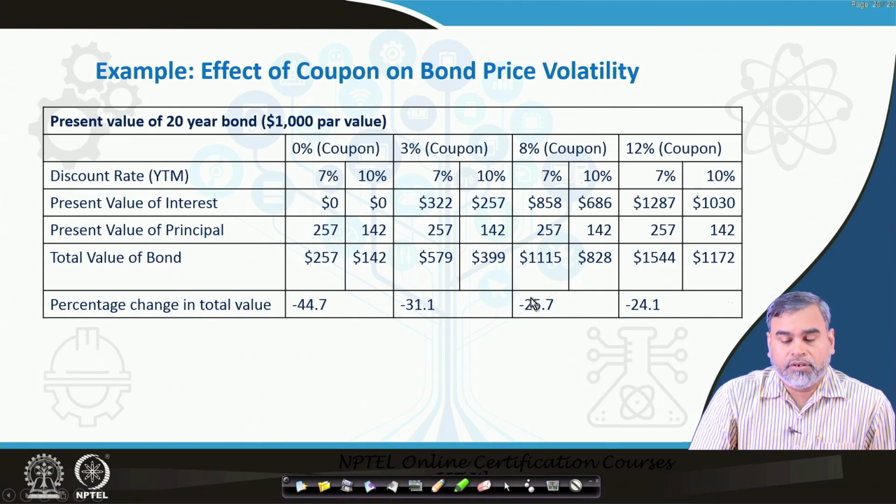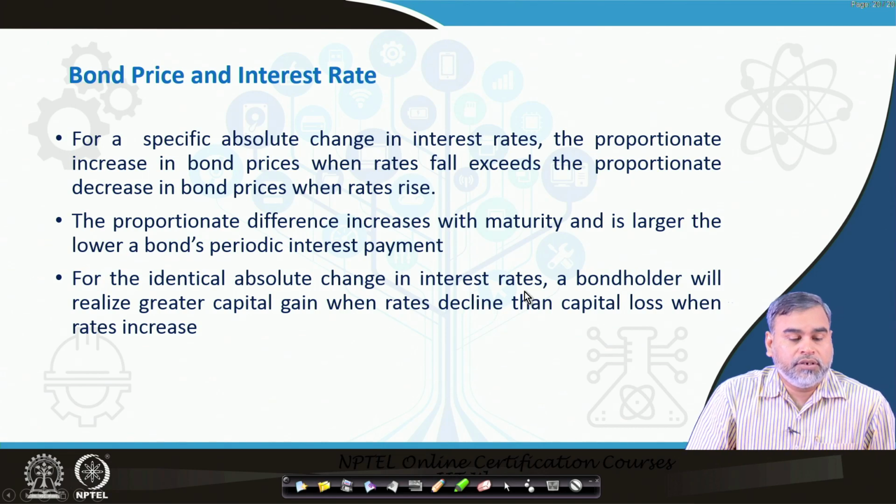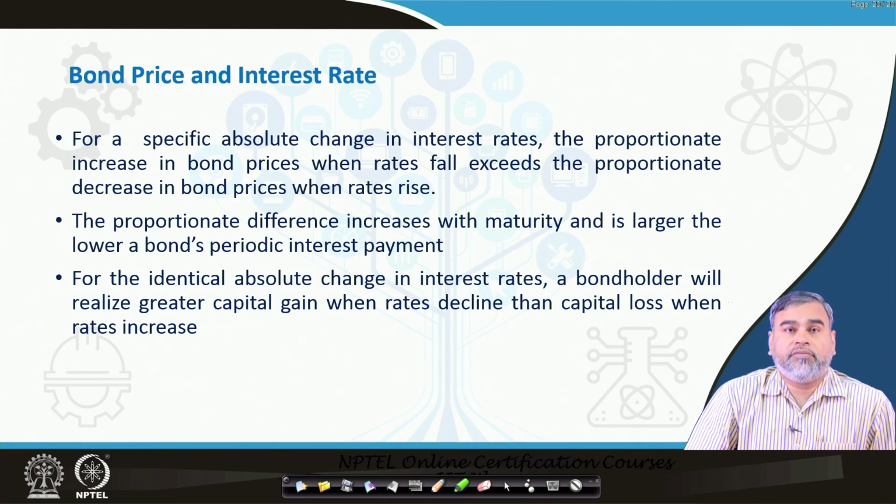Then we have another thing, bond price and interest rate. For a specific absolute change in the interest rate, the proportionate increase in the bond price when the interest rate falls exceeds the proportionate decrease in the bond price when the interest rate rises.